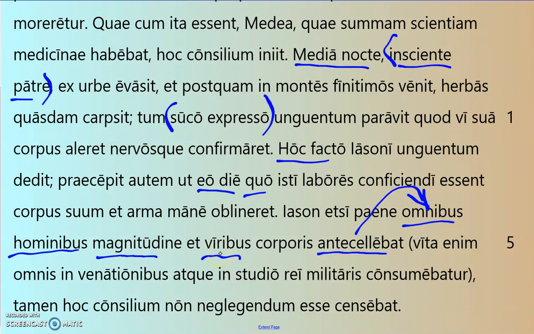Yeah, that's possible, because that's how he does it. But most grammarians are going to understand these, and your commentary suggests this, as ablatives of respect. He was excelling all other men with respect to his size and his strength. Object of preposition. He was spending his time in hunting, and it's almost ablative place where, in a sense.